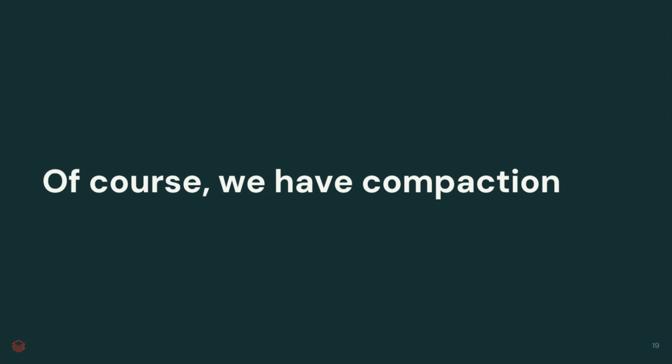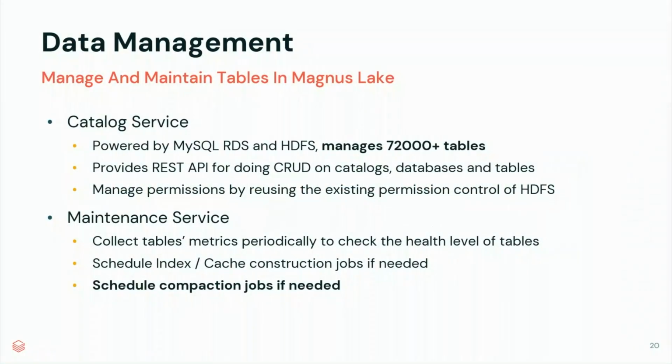And of course, compaction is definitely needed for better read performance. Magnus has its own catalog service and table maintenance service. The catalog service has a backend with some MySQL RDS instances, and it's managing more than 72,000 Magnus tables stored in HDFS or object stores.